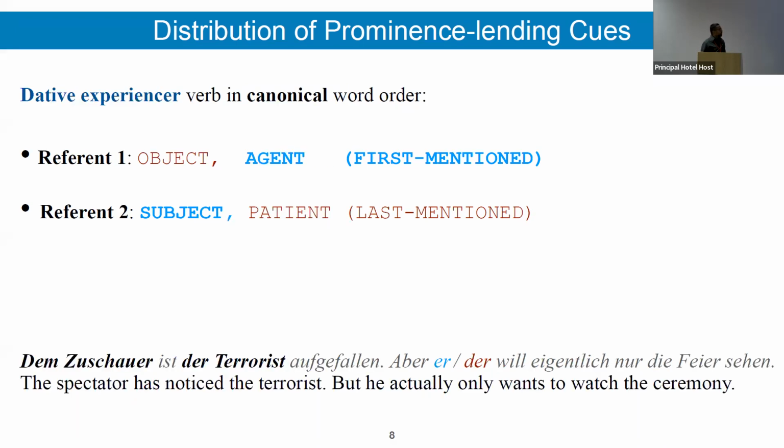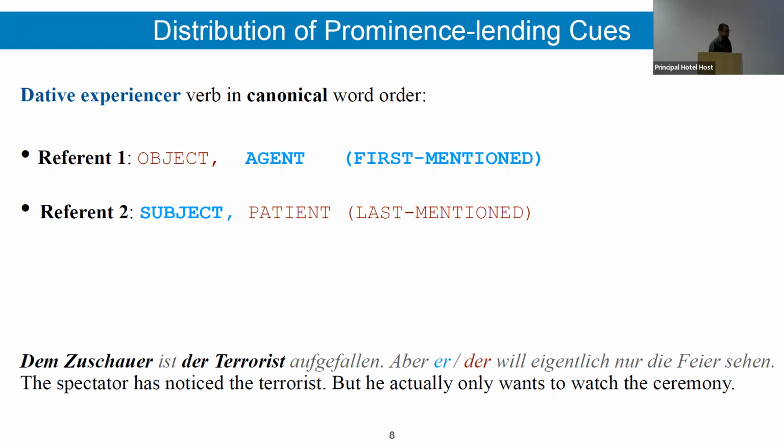If we make it further complicated, and instead of active accusative verbs we use a dative experiencer verb, such as aufgefallen, meaning notice, as in the spectator has noticed the terrorist, then the first referent has object and agent features, whereas referent 2 is the subject, the patient, and the last mention as well.